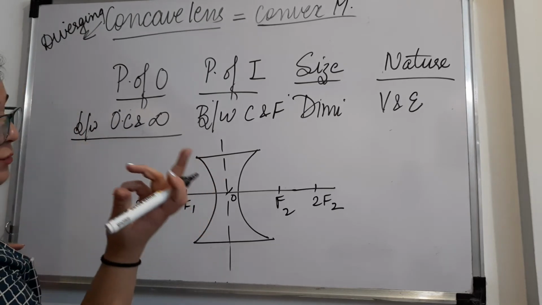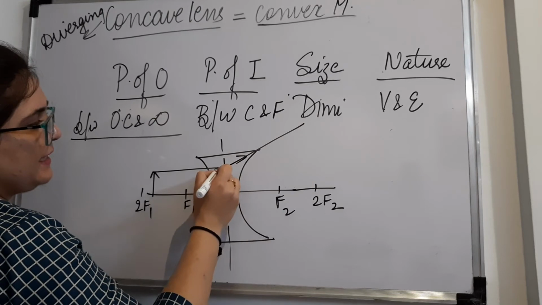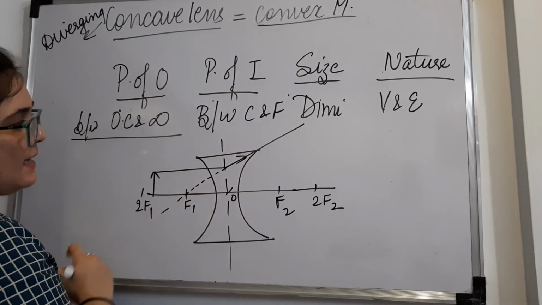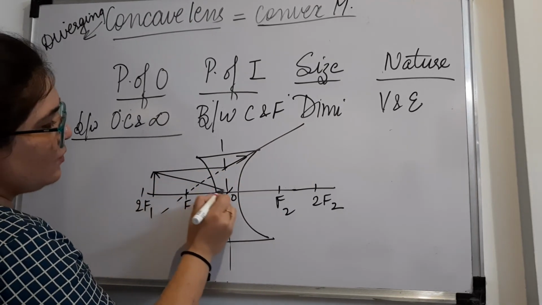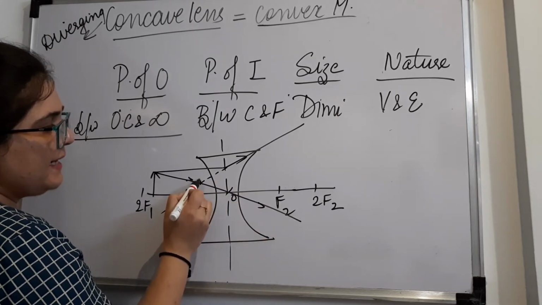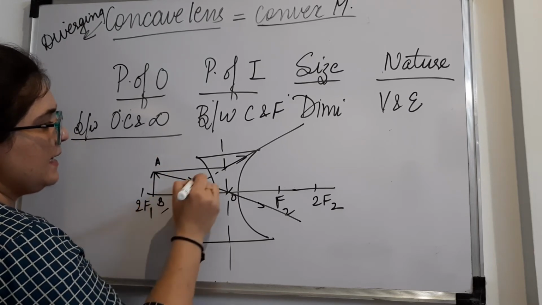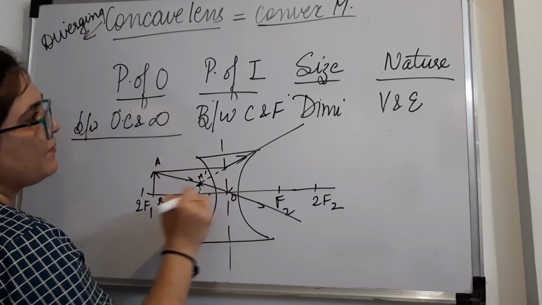Again I have to use only two rules: parallel, diverge, but it will pass through focus. Second is optical center, it will go straight. Now where these rays are meeting? At this point. So I will draw the image over here: A, B, A dash, B dash.